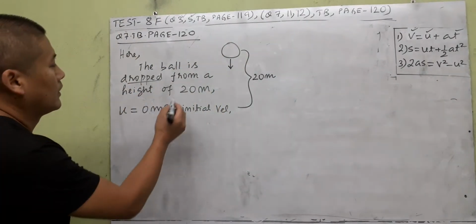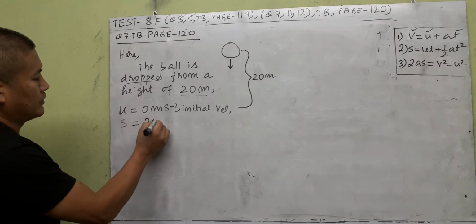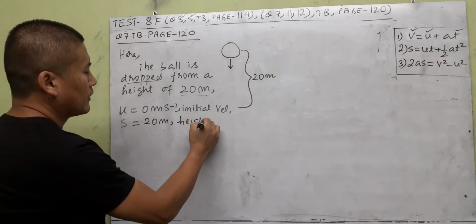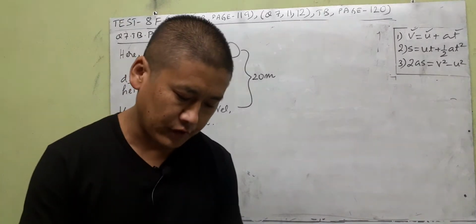Then this 20 meter is nothing but the height. S equal to 20 meter is the height from which the ball was dropped. Let us read the next sentence of the question.